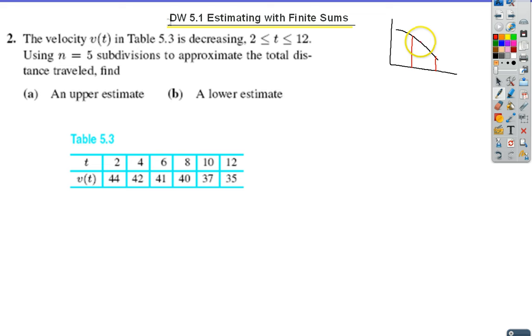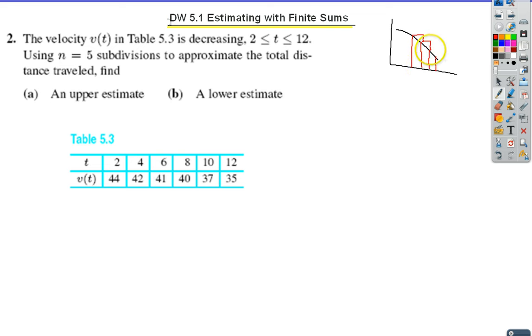Which one's going to give me an upper estimate? Well, if I'm choosing between these two, which one's on the left or the right, which one's going to go over the top? Well, it's going to go over the top from the left-hand side.